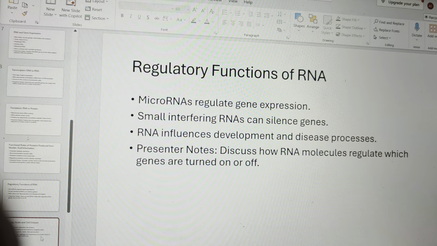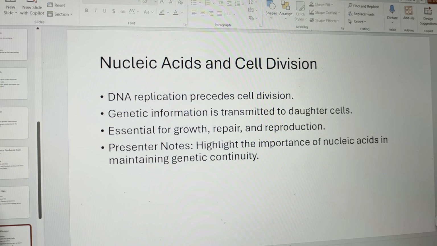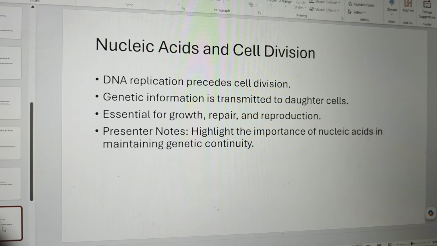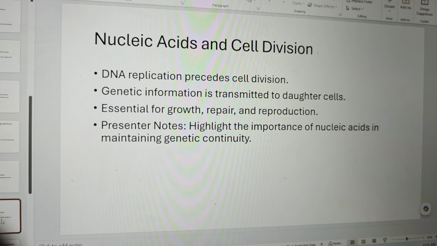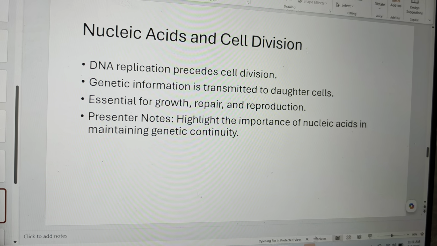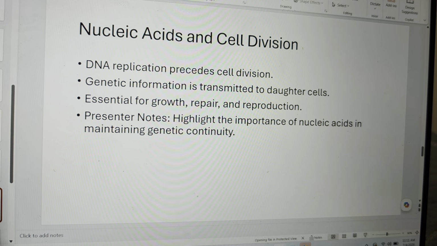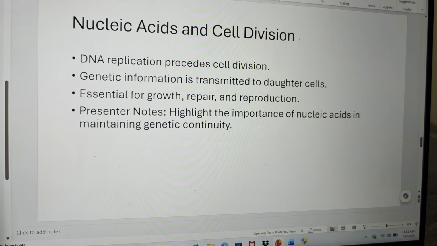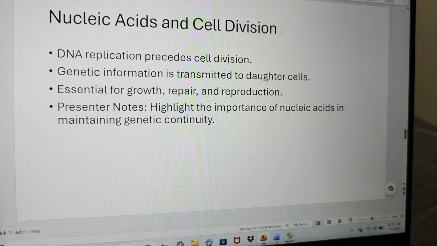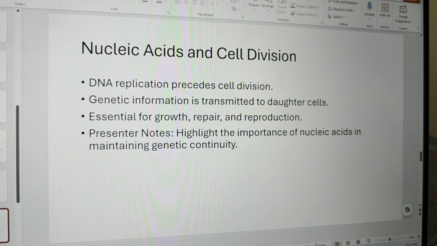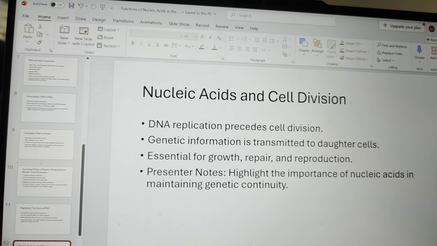The next slide we'll be talking about nucleic acids and cell division. DNA replication precedes cell division. Genetic information is transmitted to daughter cells, essential for growth, repair, and reproduction. The idea highlights the importance of nucleic acids in maintaining genetic continuity.